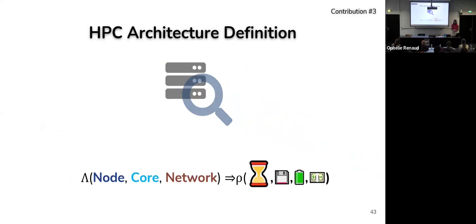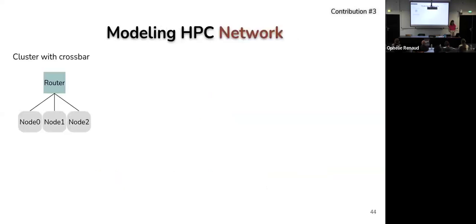We define an HPC architecture by the number of nodes, the number of cores per node, and the network that connects nodes. We want to find the one that gives the best latency, and we simulate the memory, the energy, and the cost. To do so, we model the five main network topologies employed with graphs.